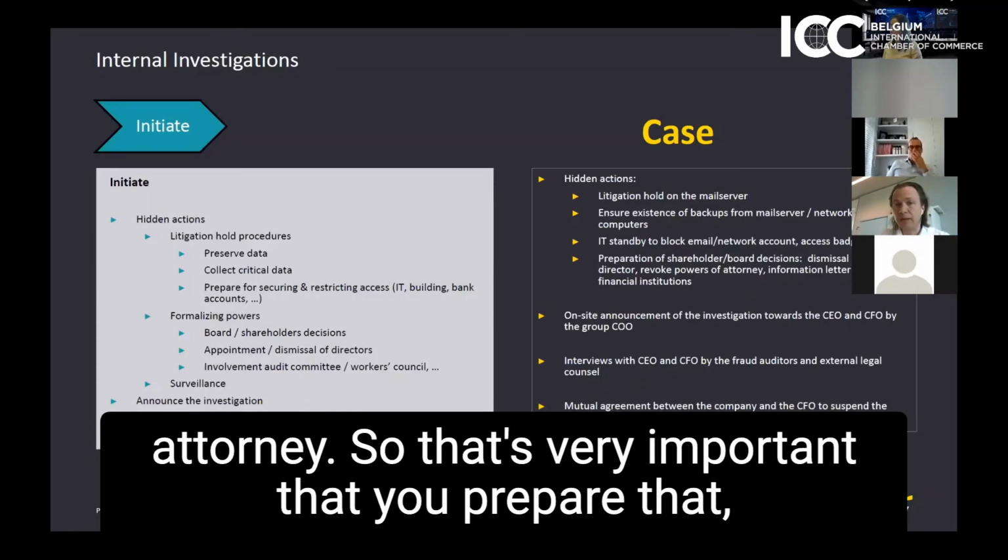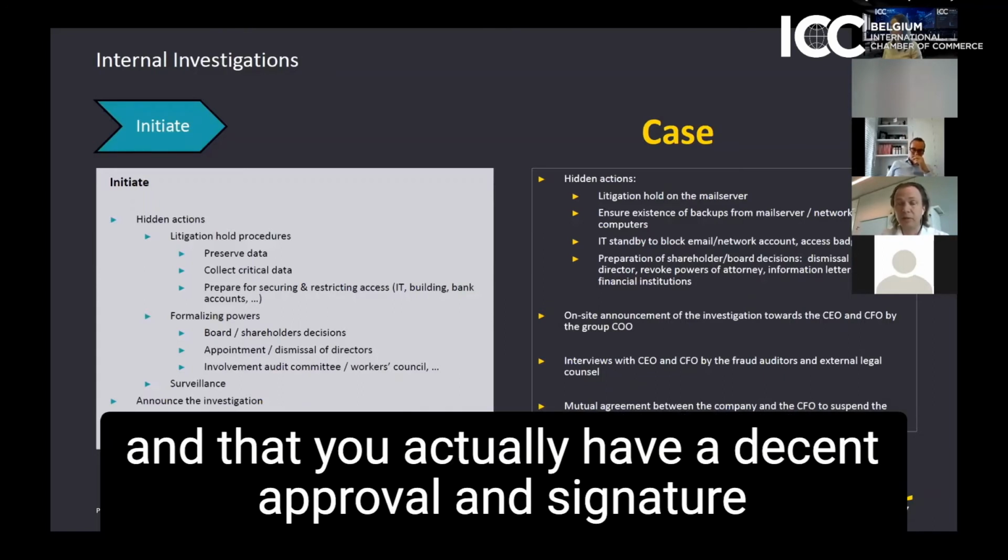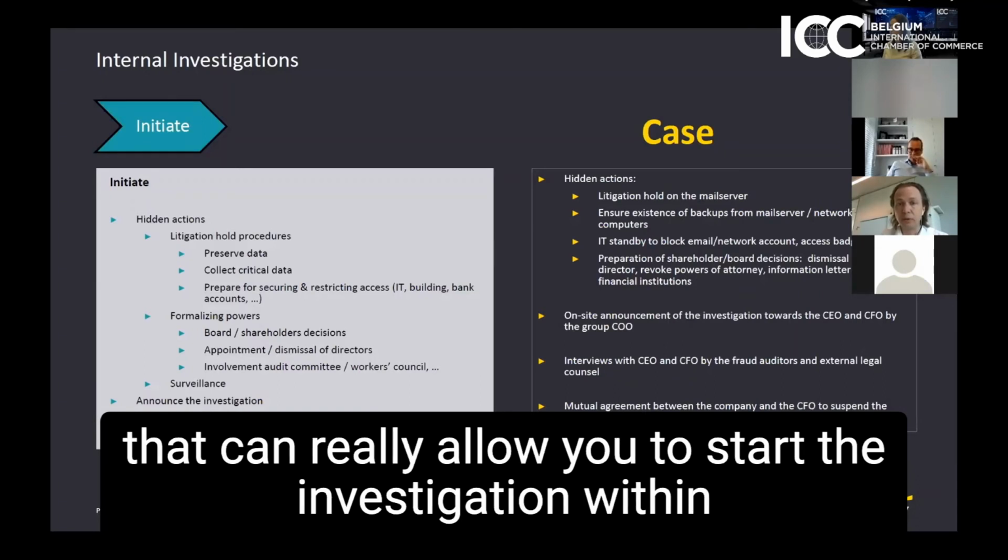So that's very important that you prepare that and that you actually have a decent approval and a signature that can really allow you to start the investigation within the company.